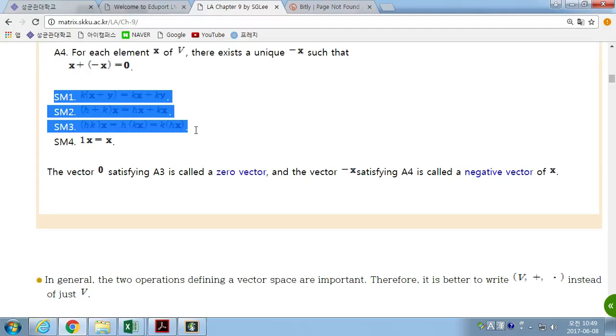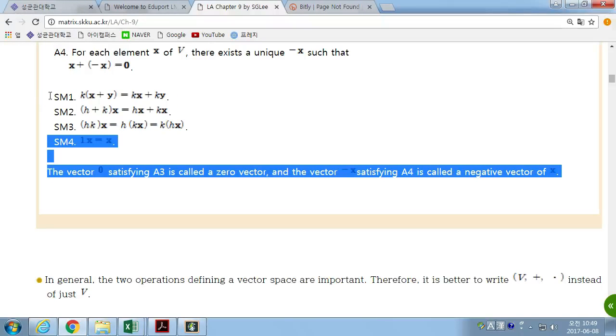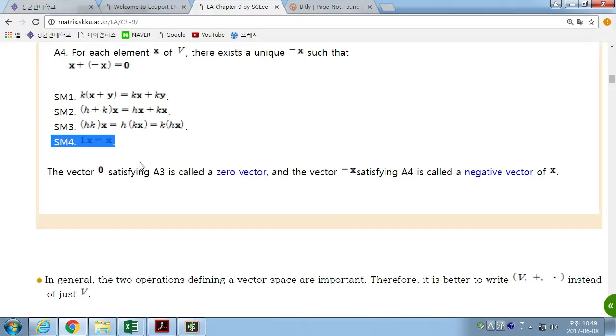Scalar multiplication has the associativity laws, and one more: the existence of the identity for the scalar multiplication. So when you multiply the scalar one to any vector, it doesn't make any change to that vector. We call that the scalar identity for the scalar multiplication.